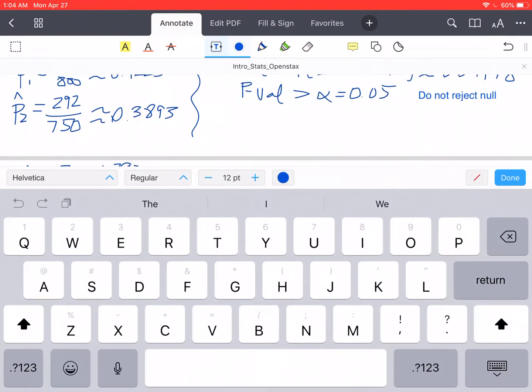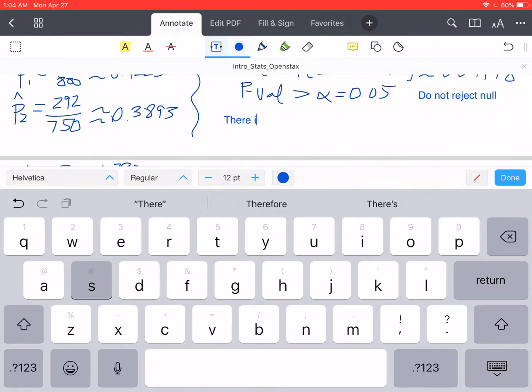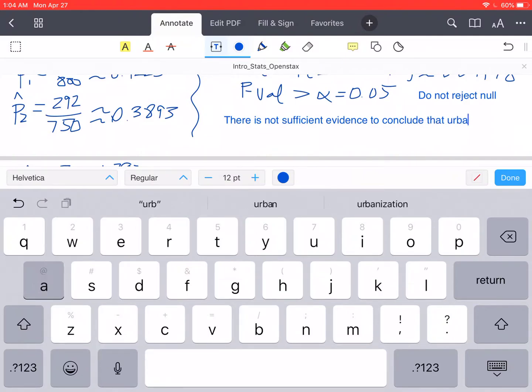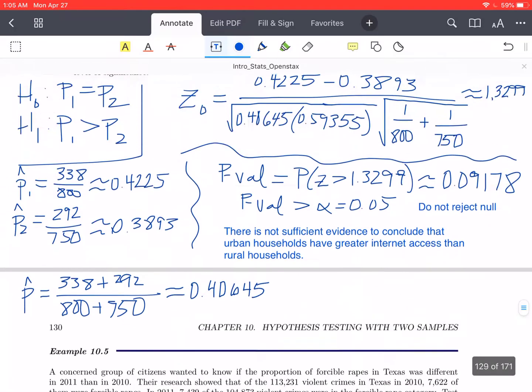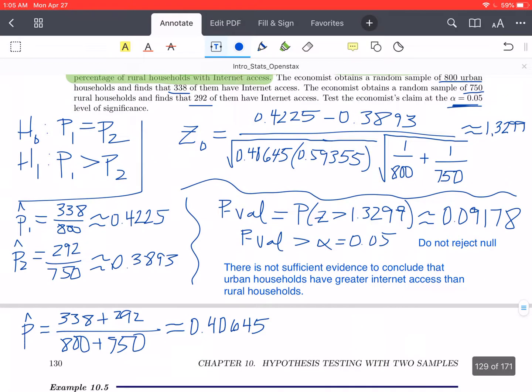Okay, so we can go ahead and just say there is not sufficient evidence to conclude that urban households have greater internet access than rural households. Okay, so we just don't have sufficient evidence to make that conclusion, at least with this data set.